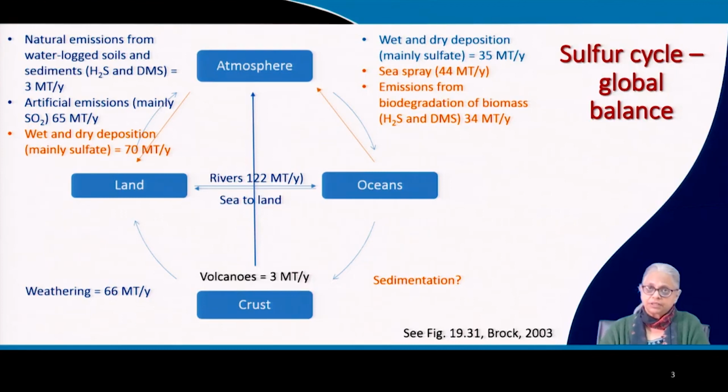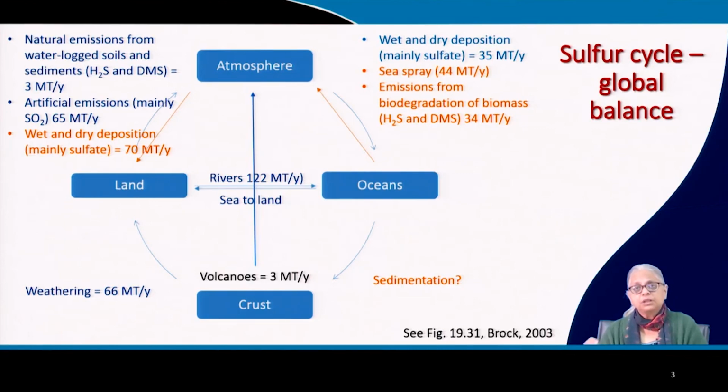So you have sulfur as well in the biomass, which is returned to the atmosphere in the form of this reduced form of sulfur. You also have artificial emissions. Artificial means anthropogenic emissions, mainly in the form of SO2, sulfur dioxide. Then whatever goes into the atmosphere is going to come back into either the terrestrial or aquatic environment. And we use two words, dry deposition and wet deposition.